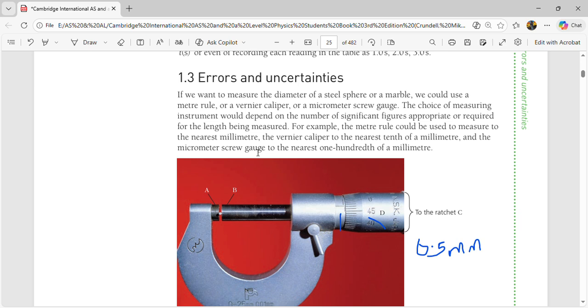So for example, if we want to measure the diameter of a steel sphere, we need the appropriate instrument that is not a meter rule, that is not a vernier caliper, but a micrometer screw gauge. Why? Because a micrometer screw gauge, if you look at this, is the one that we use to determine smaller values of measurements. Like first check this metal sphere in between the jaws A and B here.